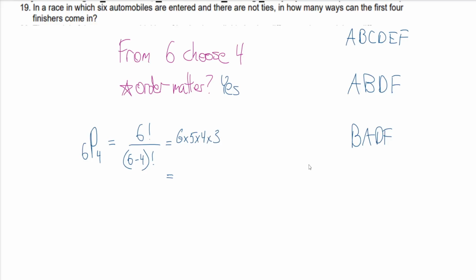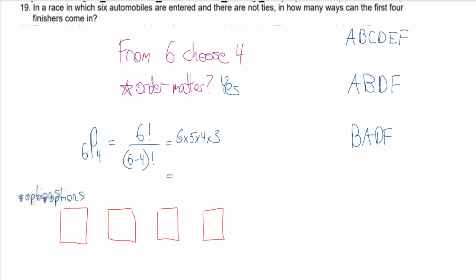Right? Another way to look at this, again, is our kind of blocks method of who could have come in first, who could have come in second, who could have come in third, who could have come in fourth. Before anybody wins the race, there are 6 options for who could win.